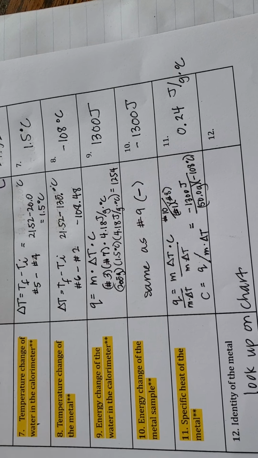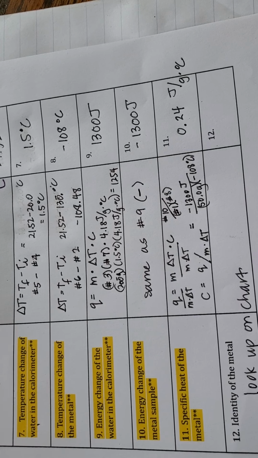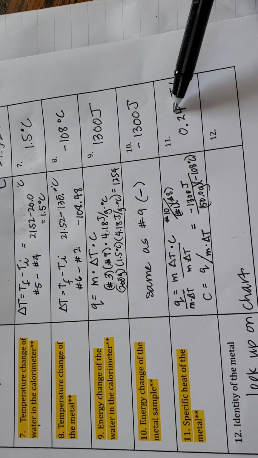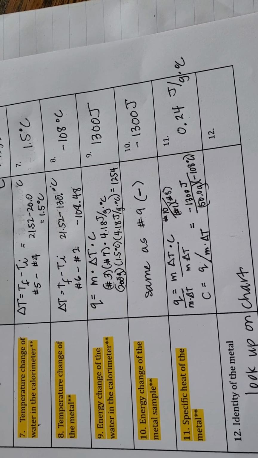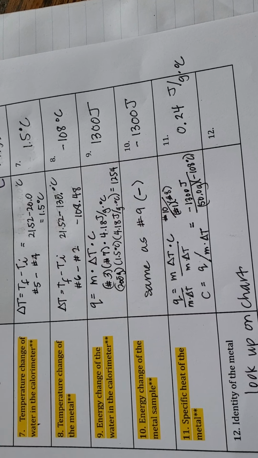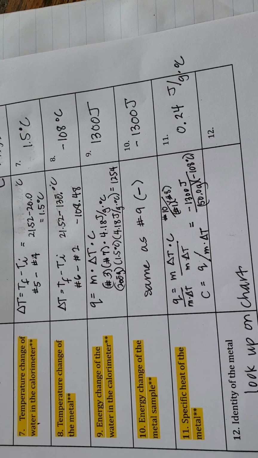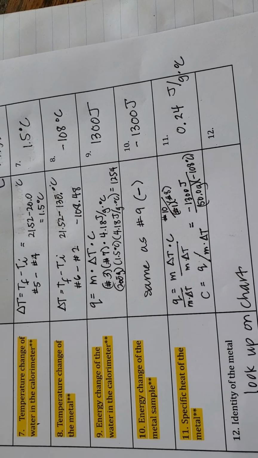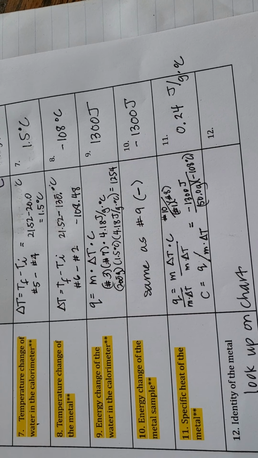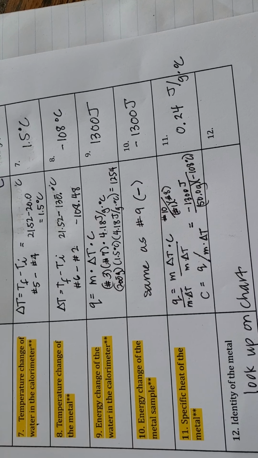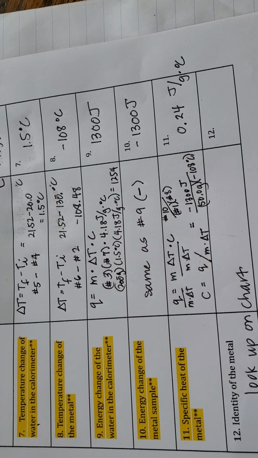So you're going to look up the specific heat and see what metal you have. If I was doing that on this, compare it to a chart of specific heats, and you'll notice that I got 0.24, which is exactly silver, so that's what I would choose.